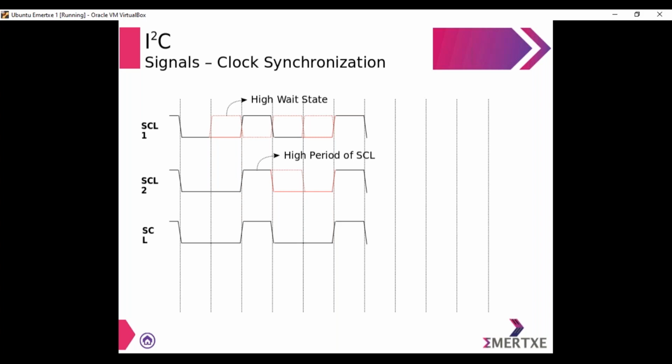There are chances where both the masters are going to generate the clock pulse at the same frequency. But there are chances where one master may have a higher frequency, one may have a lower frequency. So we saw how synchronization between the two clock pulses happens.